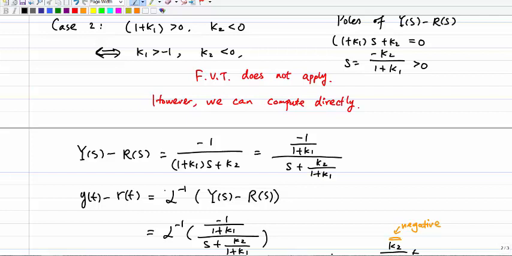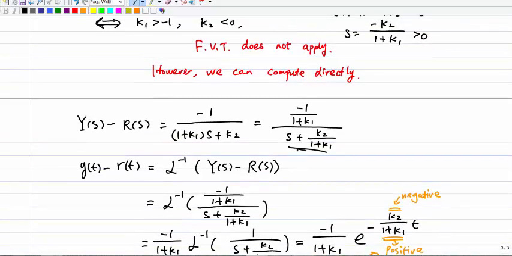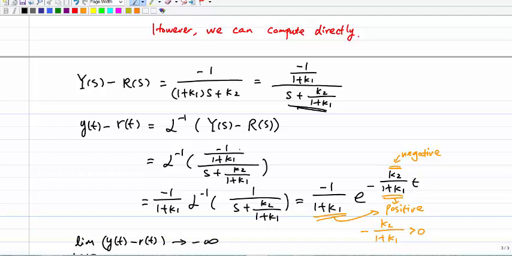Now I can compute the inverse Laplace transform to get y(t) minus r(t). I can pull the constant outside. So if we use -1 divided by 1 plus k1 again, the inverse here is just e to the minus k2 divided by 1 plus k1 times t.